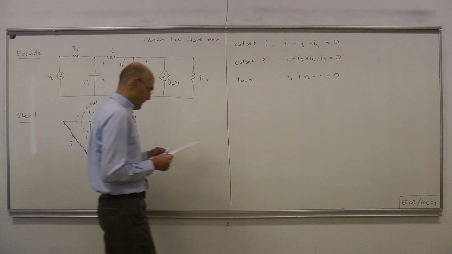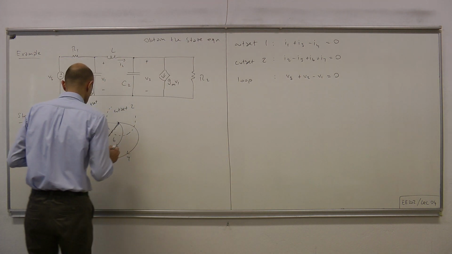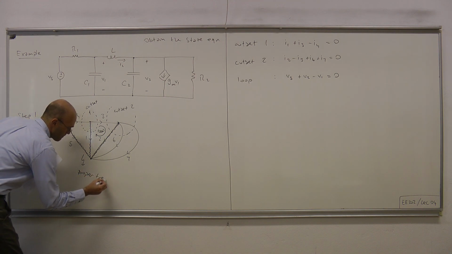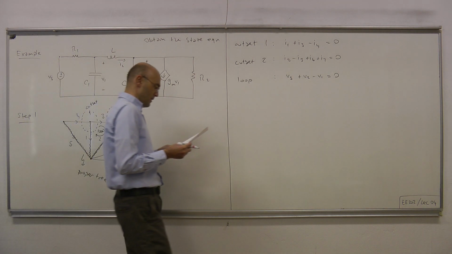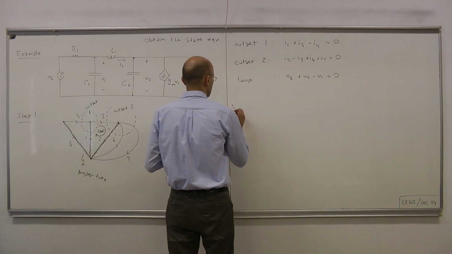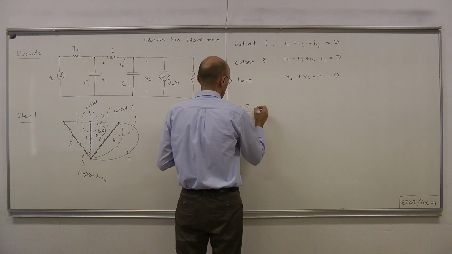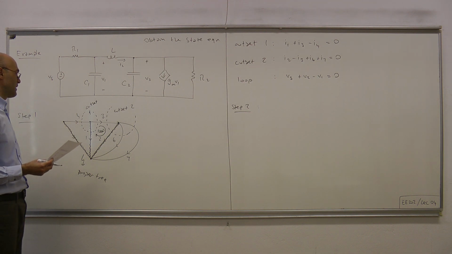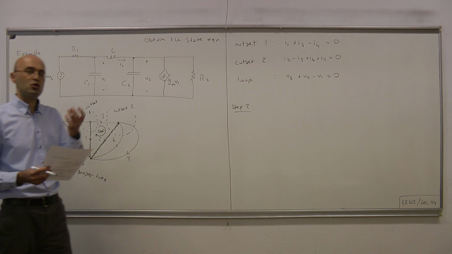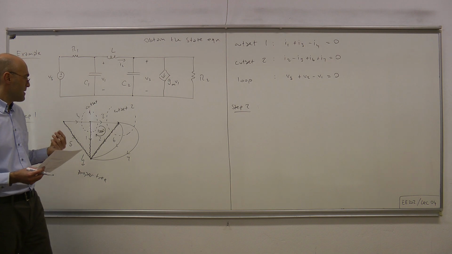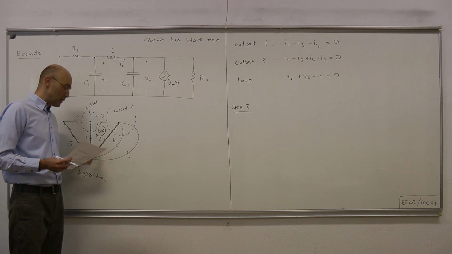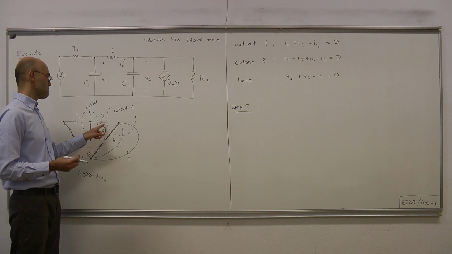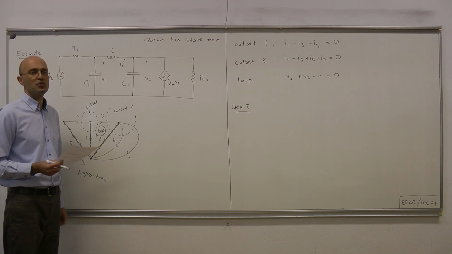Step 2: this is our proper tree. Step 2 says to choose the state variable or the state vector, and the state vector should contain all the capacitor voltages that belong to the proper tree and all the inductor currents that belong to the cotree.